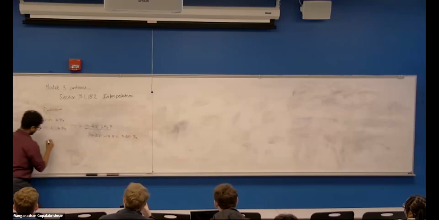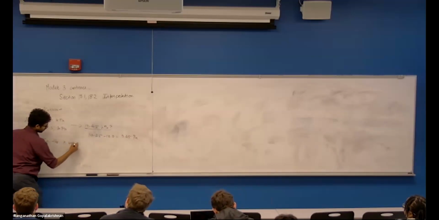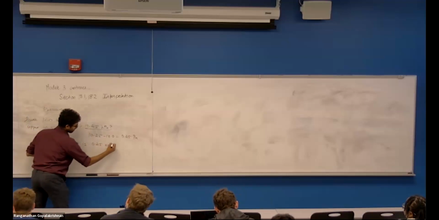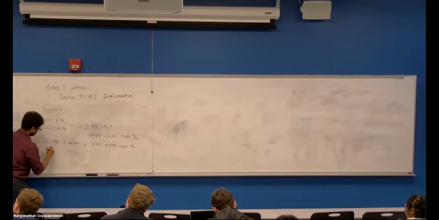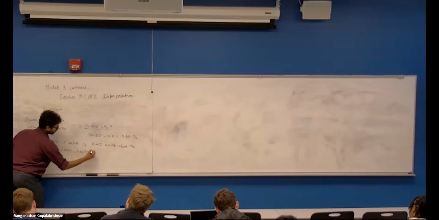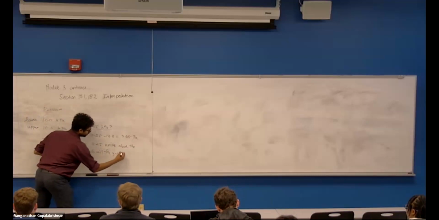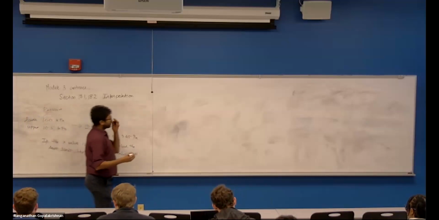The question is, if the x value is 0.25 units above the lower limit, how much will the y value shift? Meaning, let me clarify a little bit.